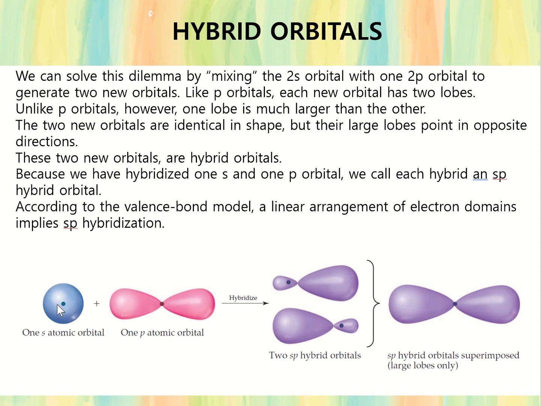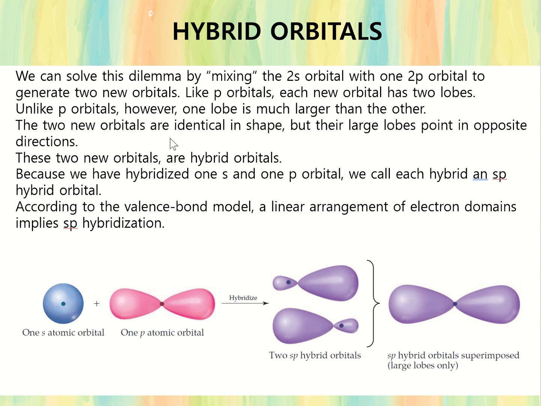So we mix 1s and 1p atomic orbitals, and we get 2 sp hybrid orbitals. As we said, like the p orbital, each new orbital has two lobes. So one lobe here, one lobe here. Unlike the p orbitals, however, one lobe is much larger than the other. So this lobe is much larger than this one.